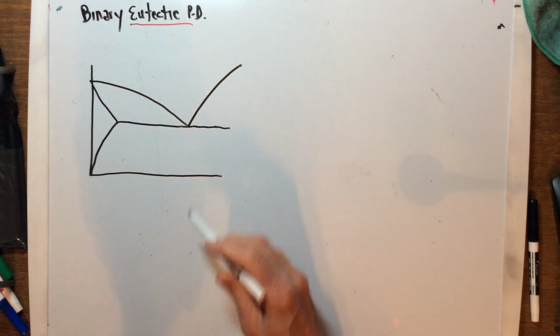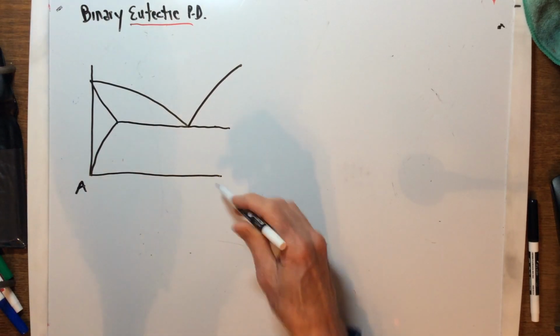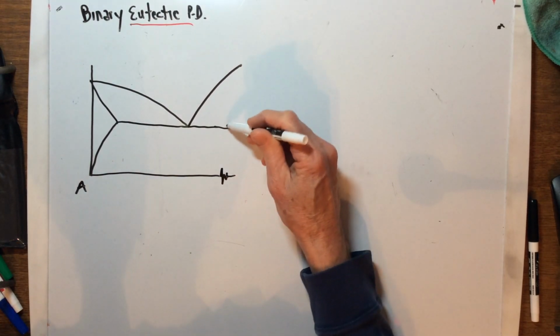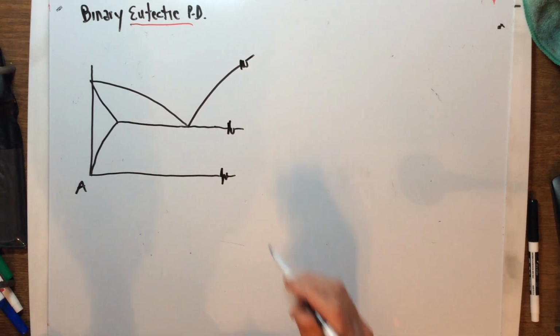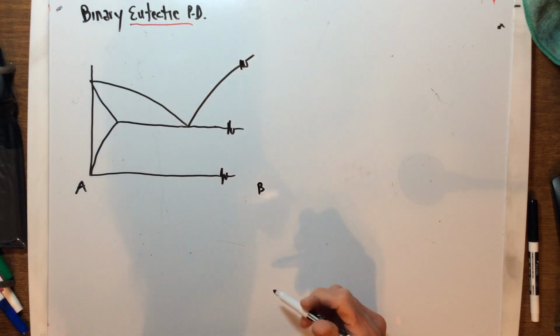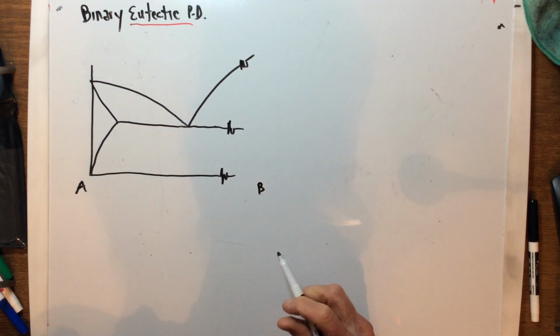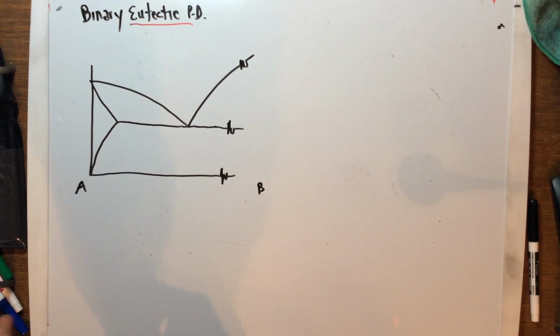All right, so that's one side of this, and this would all be A, and then somewhere down the line it would continue on that way over here to B, components A and B.